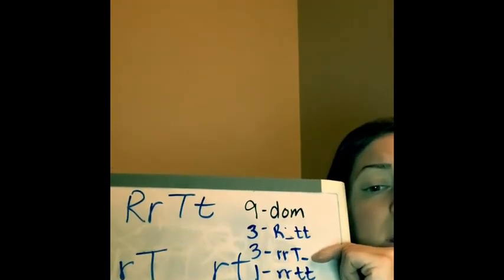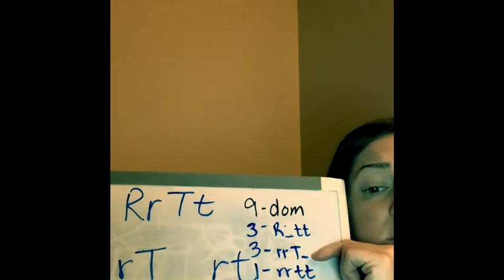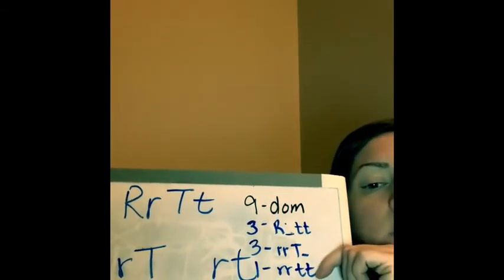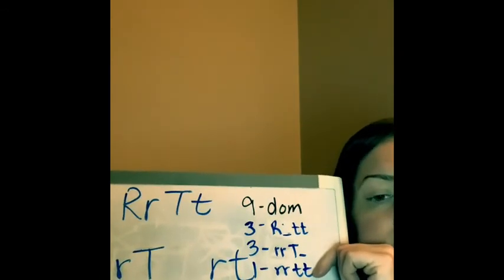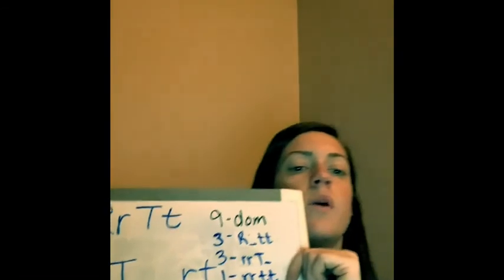You have 3 that are going to show recessive for the first trait and dominant for the second trait. And then you have 1 that is going to show both traits as recessive. Okay, that's what that question is asking.